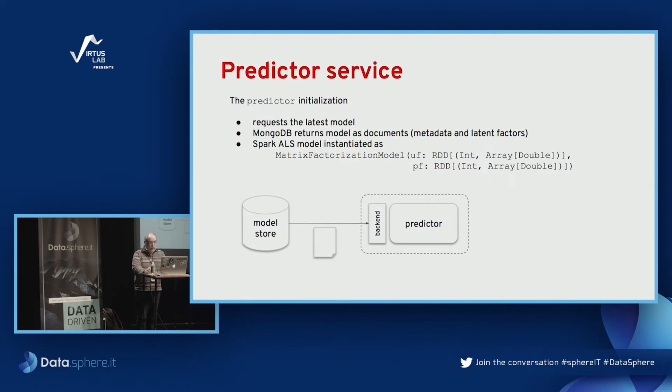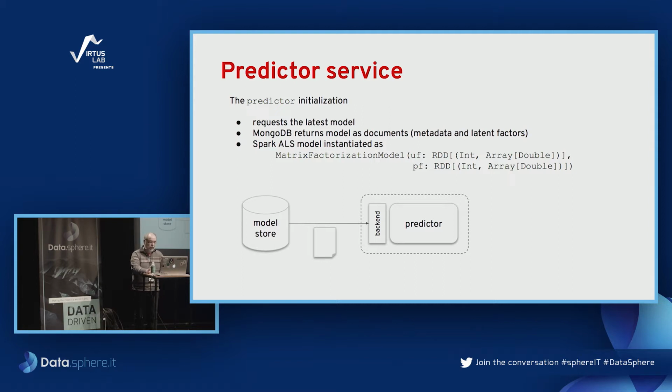The model returned from the model store is a collection of latent factors, the ones we saw relating to the ALS result. This is a collection of feature vectors along with some metadata, and this raw data needs to be instantiated into a Spark ALS model. This is one example of the obstacles you might find with this implementation.